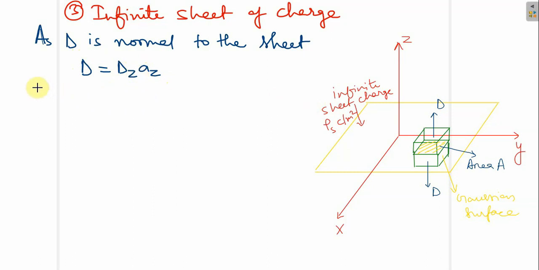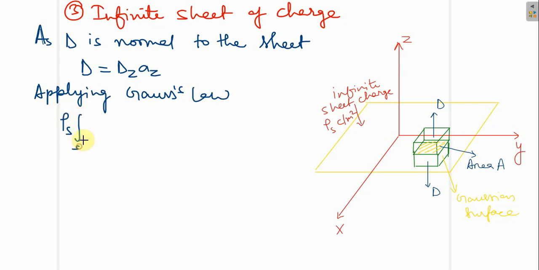Okay, now applying Gauss law, what will be obtained? We have the surface integral of rho s ds equals Q, and Q is also equal to the integral of D dot ds. Okay, we have seen this in the Gauss theorem.